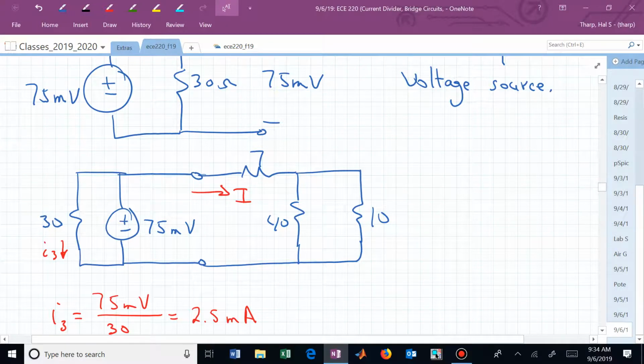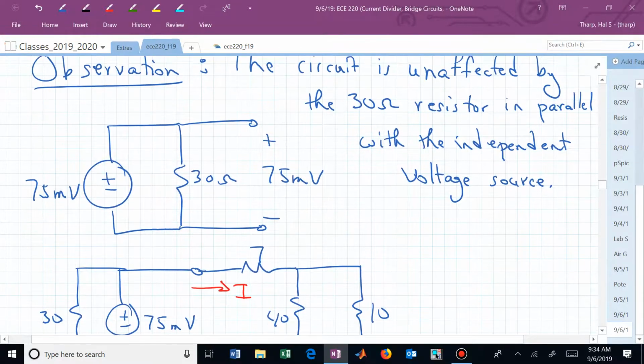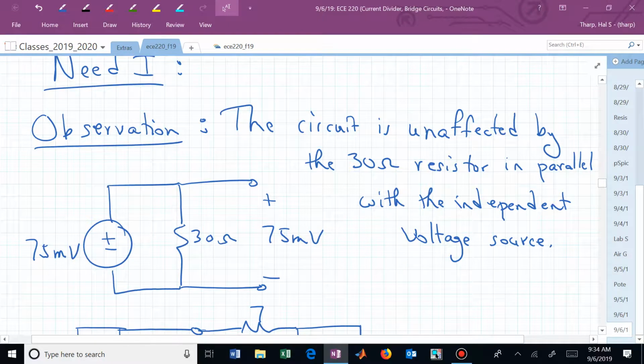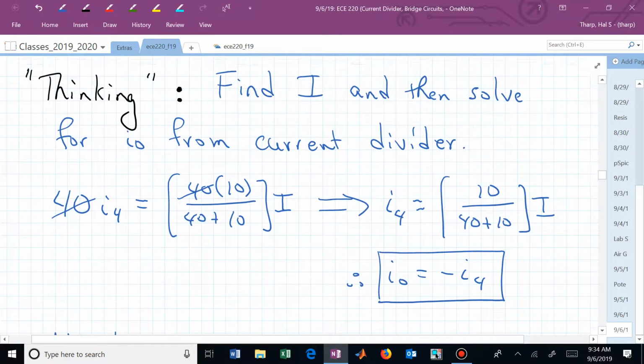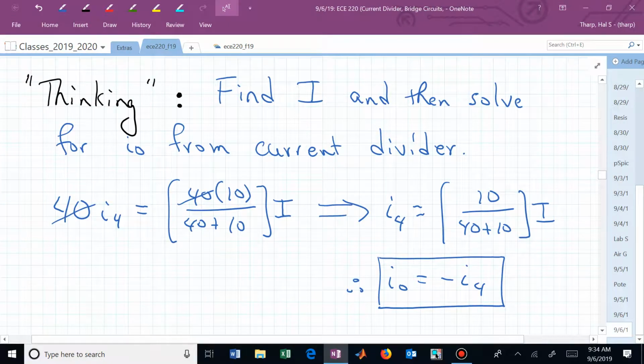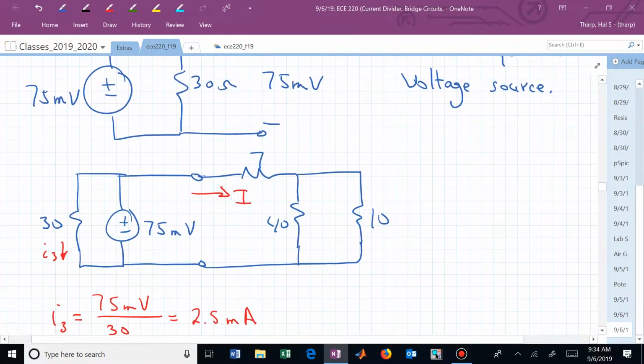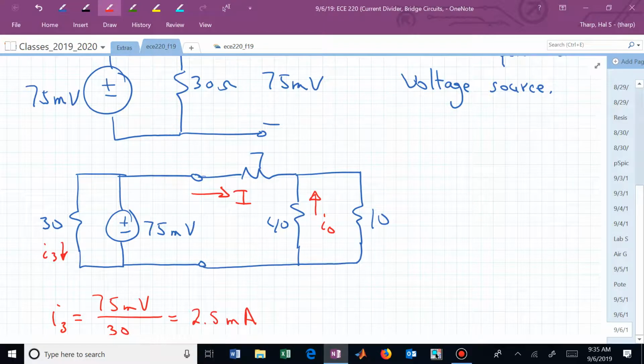You want me to go back up where? This was I sub naught. Is that true? Is that what we were trying to find ultimately? How do we find it?